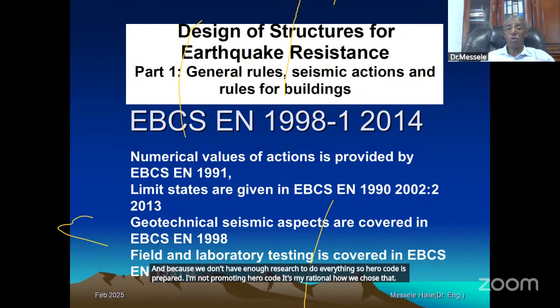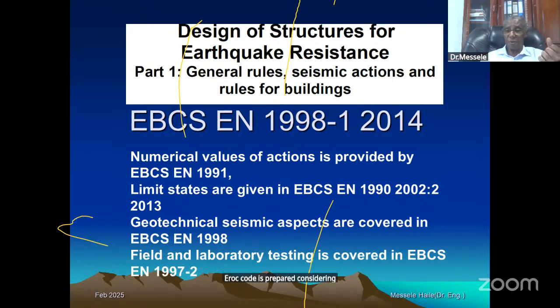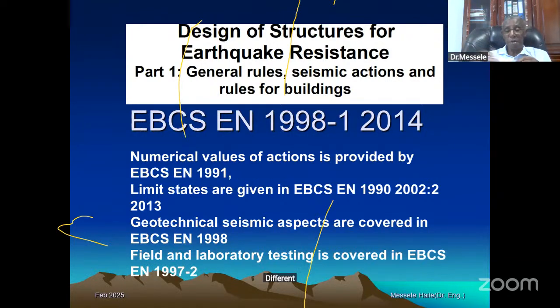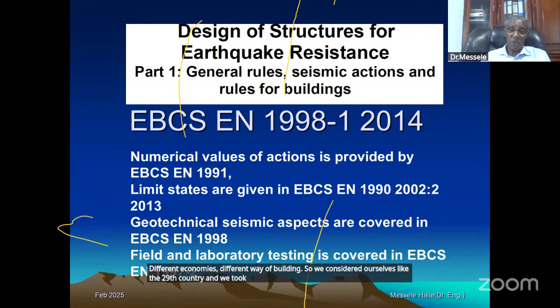Eurocode is prepared considering 28 countries in Europe, with highly technologically developed countries like Germany, UK, France, and so on, and with other less advanced knowledge in technology or in engineering or in seismic areas. Different economies, different ways of building. So we consider ourselves like the 29th country, and we took that as a template and adapted it.